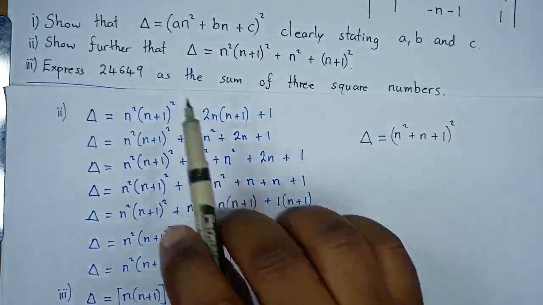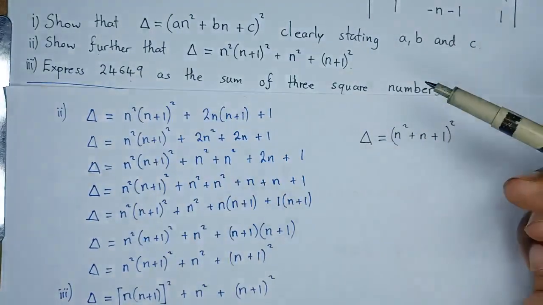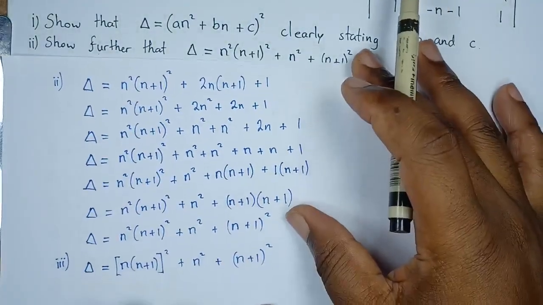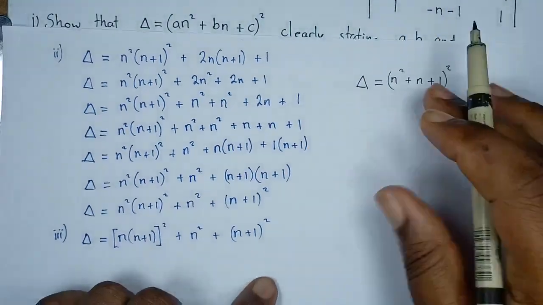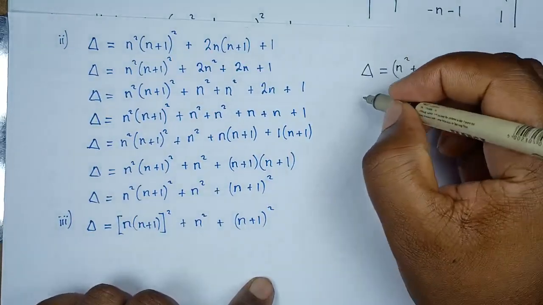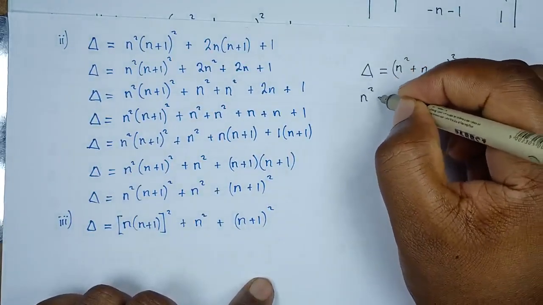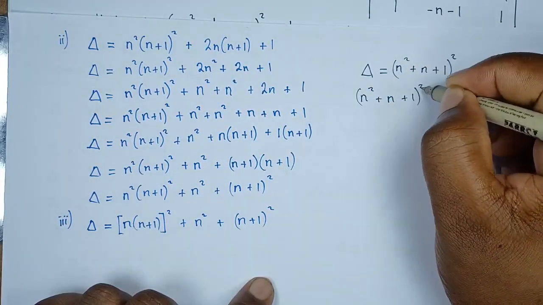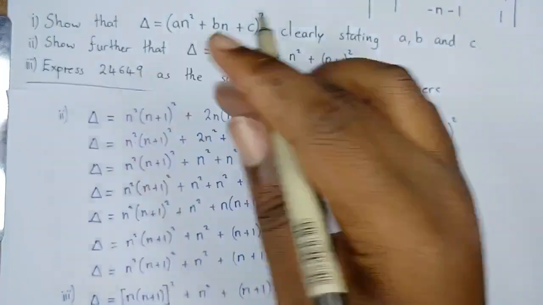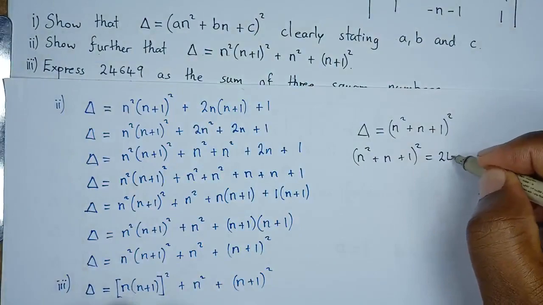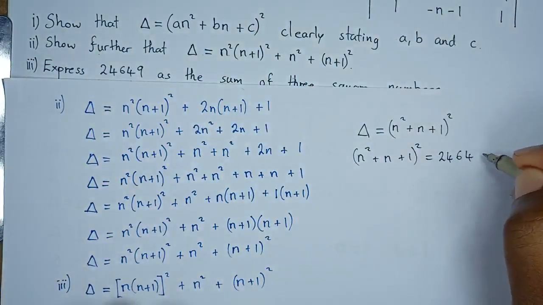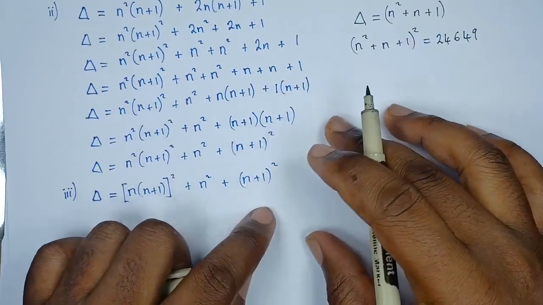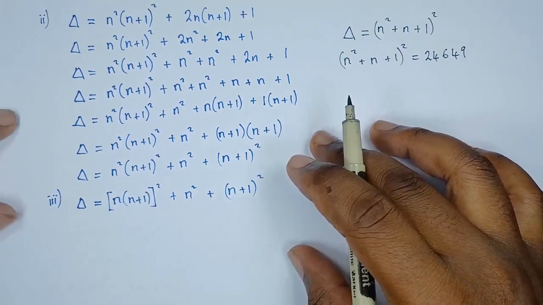Then remember, we have to put this number as a sum in the simplest form, meaning that to find the value of n, we can say (n² + n + 1) squared is equal to the same number that we have, which is 24,649.